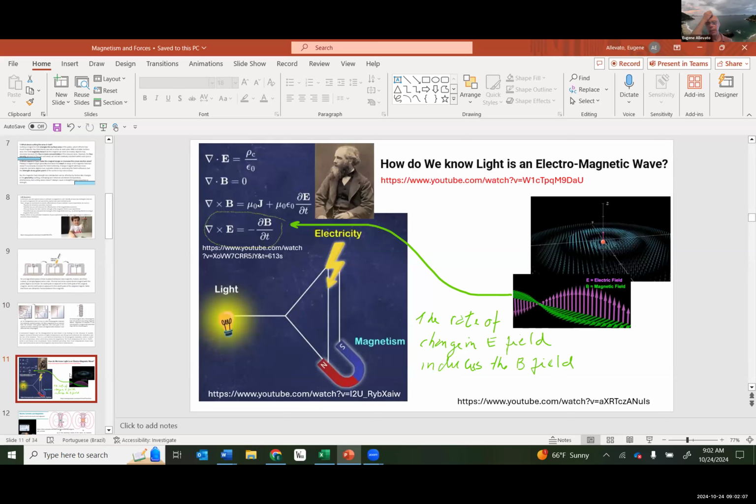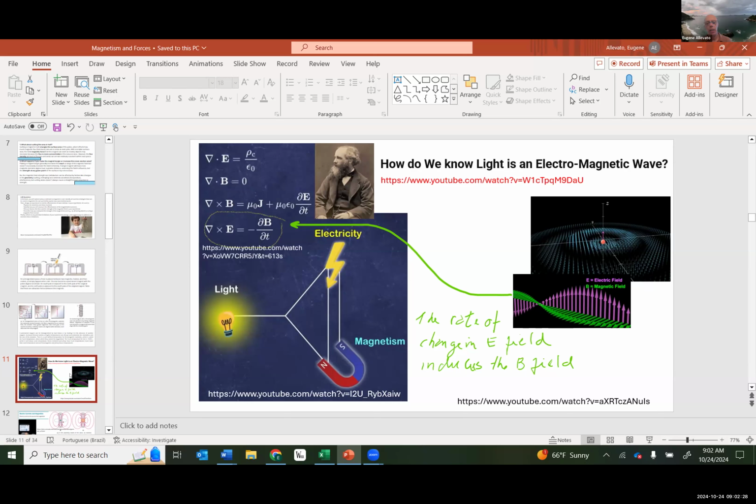Then here we have some of the Maxwell equations. It's not important that you memorize this for this course, but try to understand somewhat what they mean.